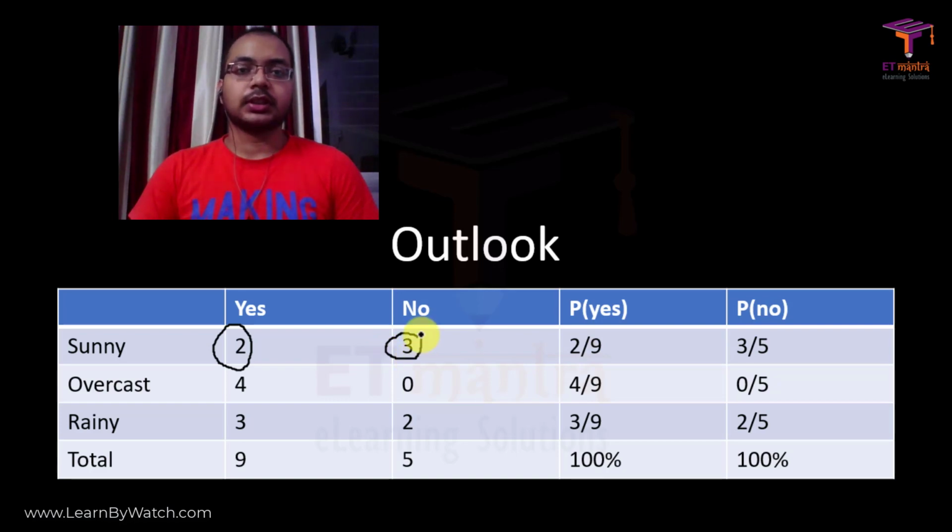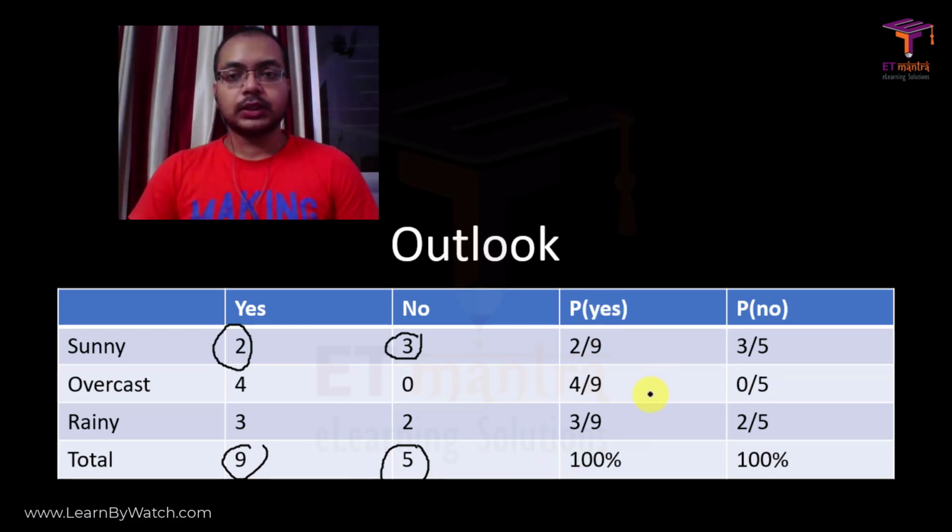Here 3 represents that it was sunny as well as no, that the match was not played. Similarly for overcast we have 4 and 0, and for rainy 3 cases where the match was played and 2 cases where it was not. In total we sum all these up and get 9, and the number of days it was not played was 5. So notice that 9 plus 5 sums up to 14.